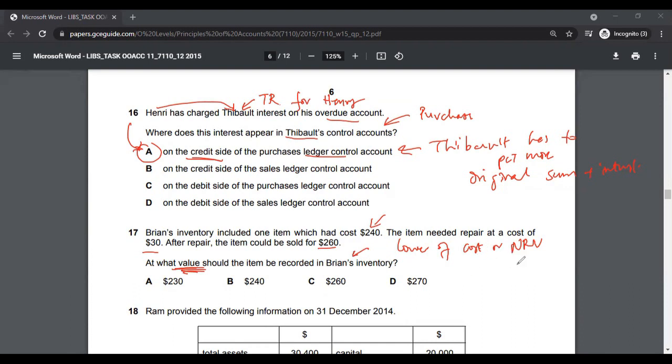To calculate NRV, we simply do 260 minus 30, that's 230. And then the cost is 240. Which one is lower? 230 is lower. So the answer to multiple choice 17 is option A.